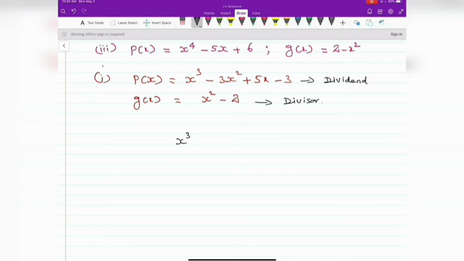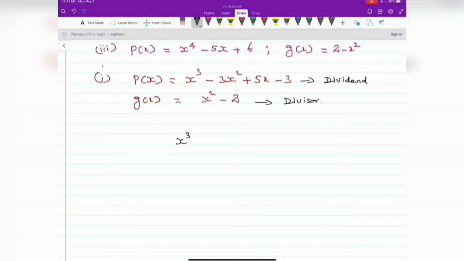As I told you, first you have to check both the dividend and divisor, that is p of x and g of x in this particular question, are in standard form. I told you we have to write the given polynomials in descending power of x for convenience sake.